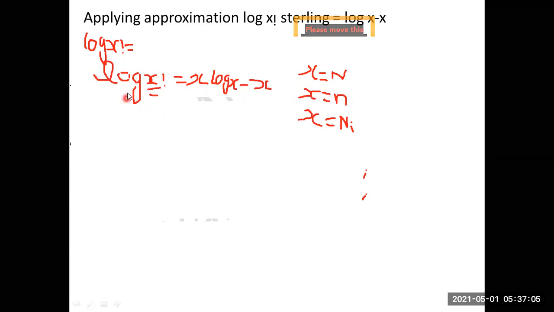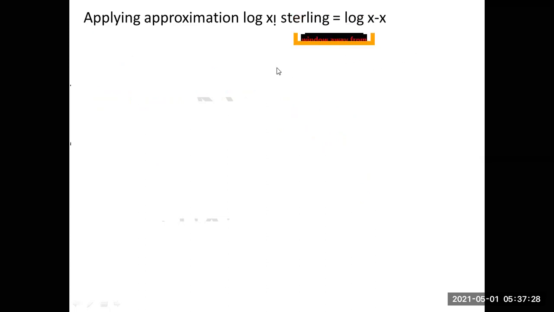Here x is equal to n, substitute that. So log n factorial is equal to small n log n minus small n. And log of n suffix I factorial is equal to n suffix I log of n suffix I minus n suffix I. Right, it is very clear to you.